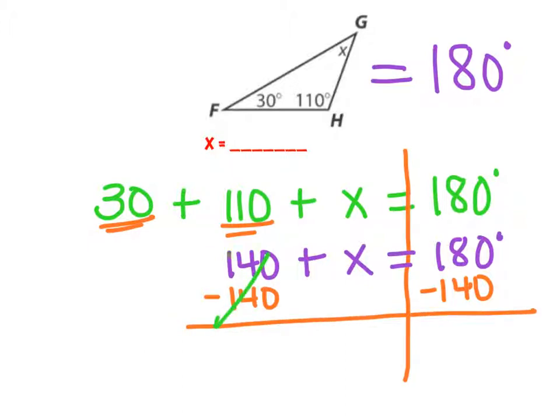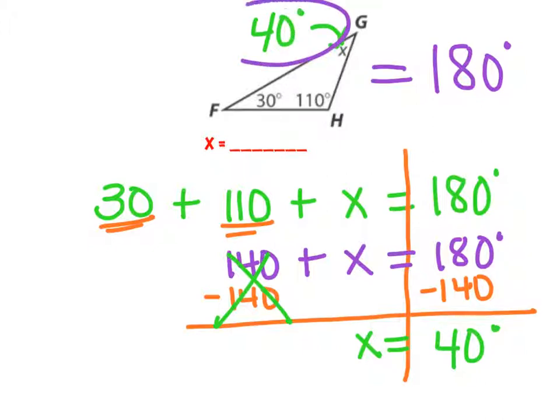These two would cancel out, so then all we have is x equals 180 minus 140, which is 40. So the missing angle up at the top would be 40 degrees, and this would be our final answer: X equals 40.